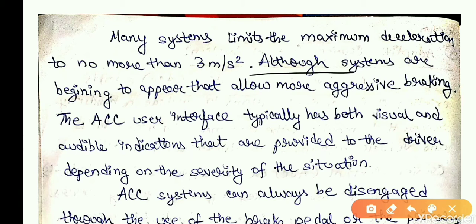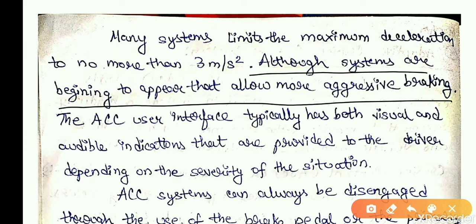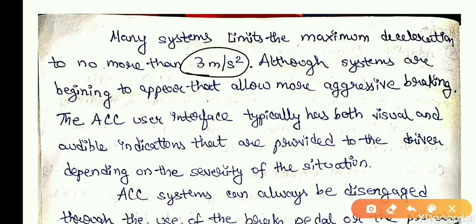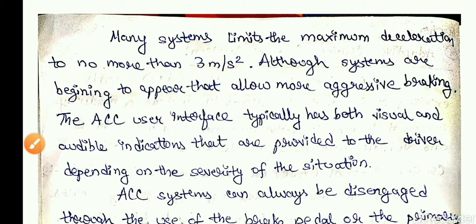Now see, some systems are beginning to appear that allow more aggressive braking. That means in modern vehicle technology we are bringing much more advanced technology which uses more than this amount. It can be more than 3 meter per second square, and it gives aggressive braking, meaning panic braking, or suddenly makes a vehicle stop at a certain point.